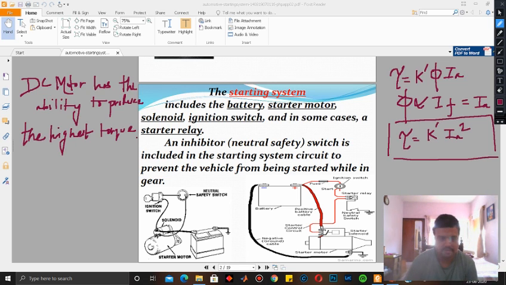Right? So it has the ability to produce the highest torque.